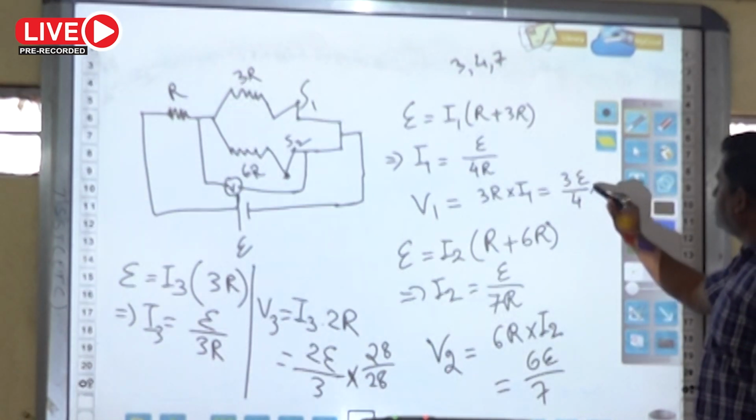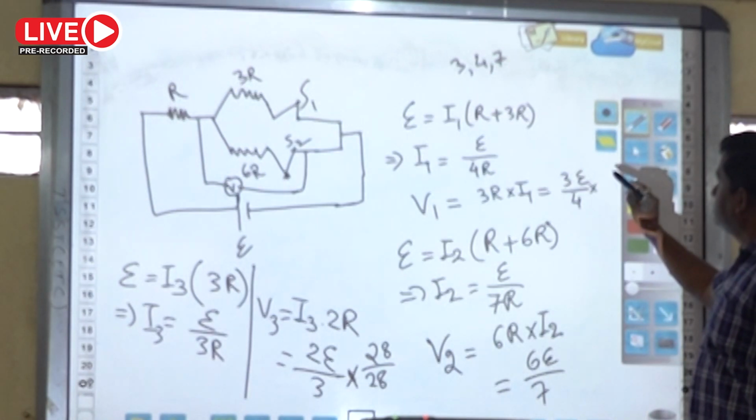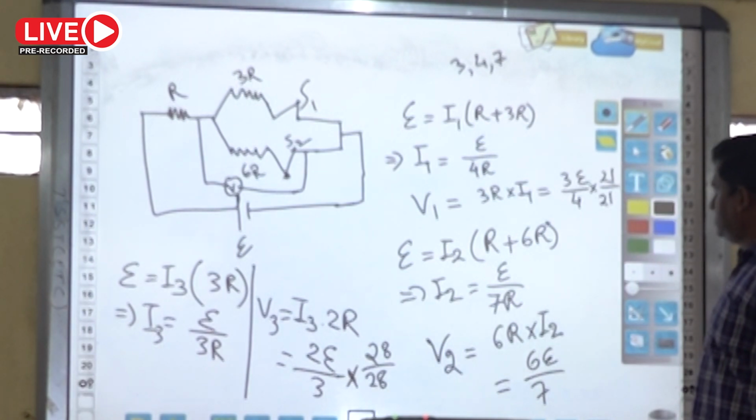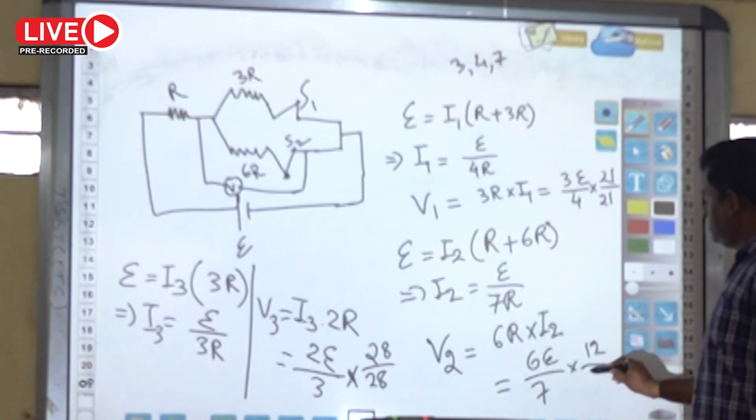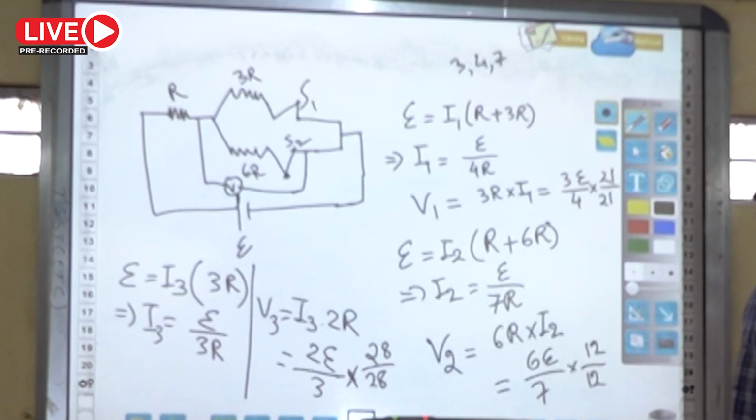Multiply this one by 21 by 21. Multiply this one by 12 by 12. All the denominators will become 84. Then which one will be highest? Then you can compare and find the answer.